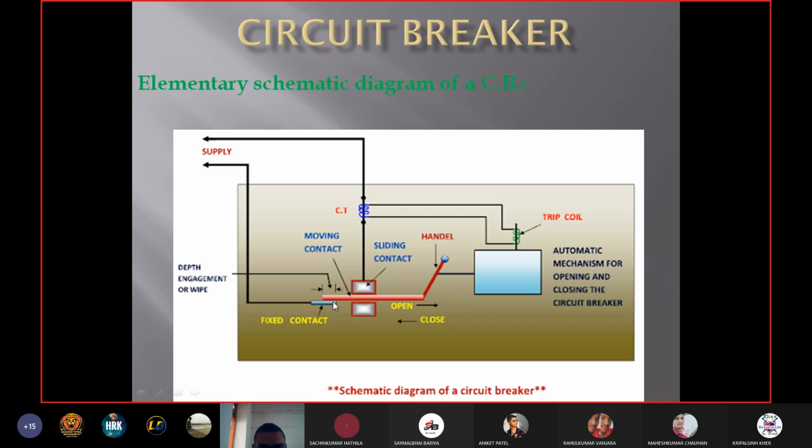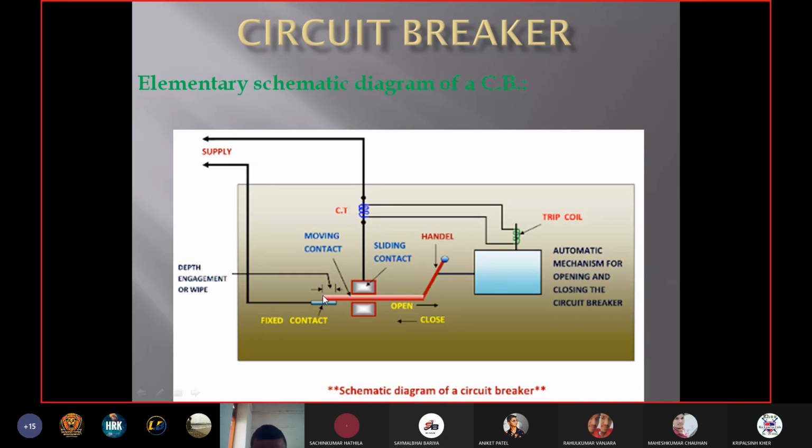Here the blue color is the fixed contact and the pink color is the moving contact. There is a physical connection between these two contacts. This physical connection of the moving contact with the fixed contact is known as the depth of engagement, or we can say the wipe.